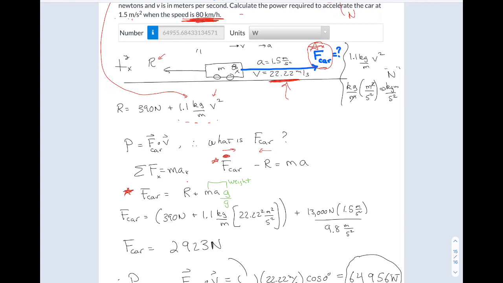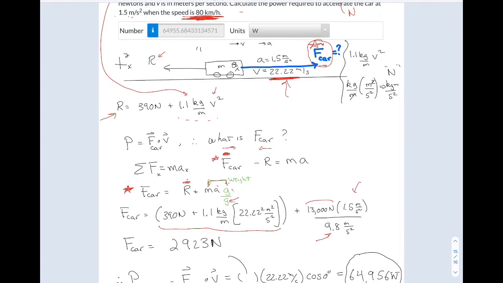Here's R, that's the function R. I don't know the mass of the car, but they give me the weight. I could calculate the mass, but I just multiplied top and bottom by g over g, so mg is the weight of the car. There's R, there's mg, there's a, and my g on the bottom.